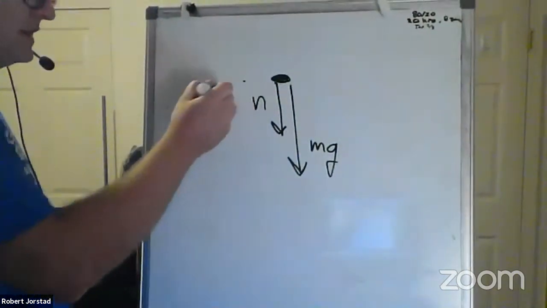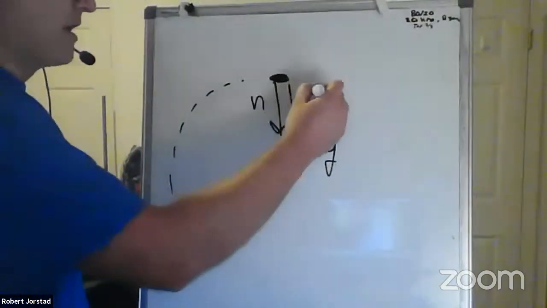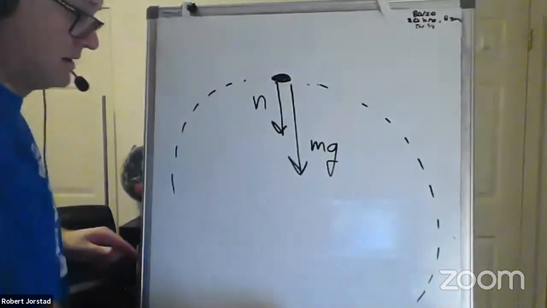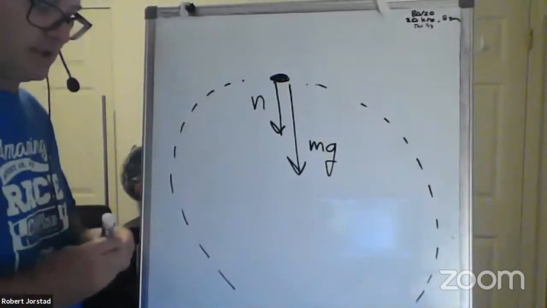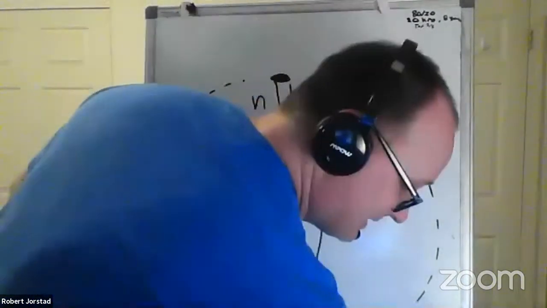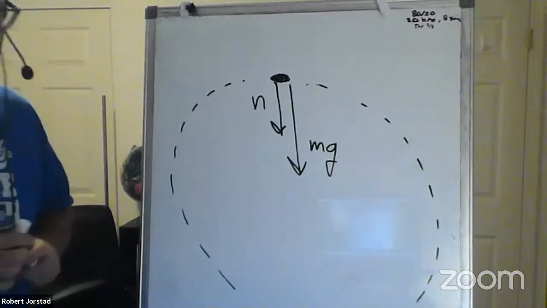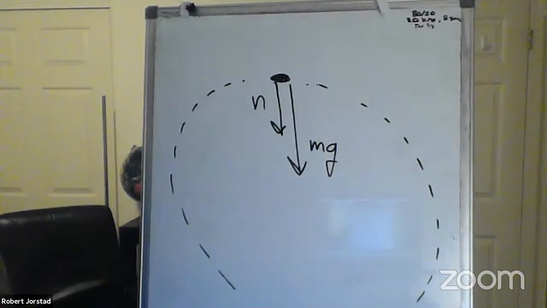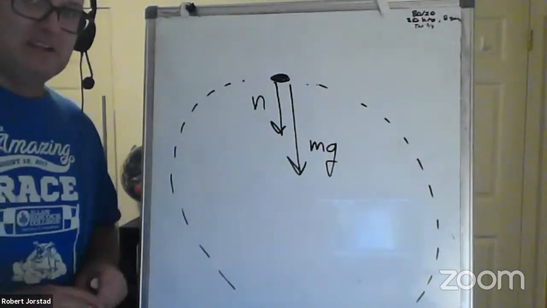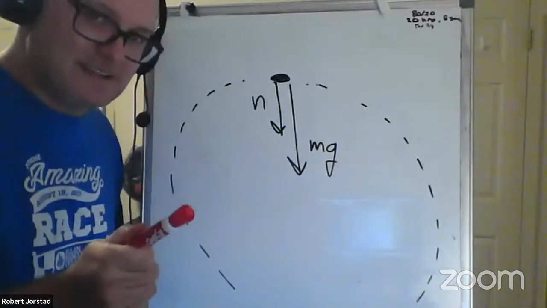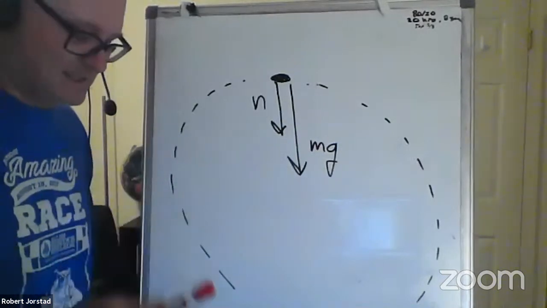Right now, remember, it's in circular motion. So what direction is the acceleration? It's at constant speed. Is there acceleration? No. Yes, there is. Just because you're at constant speed doesn't mean velocity is constant.